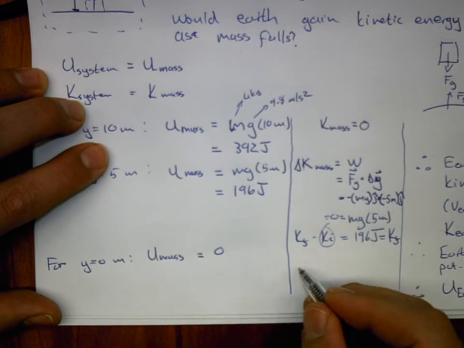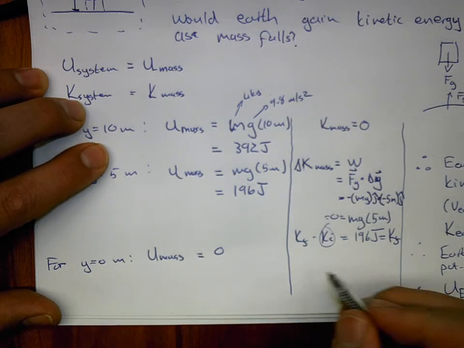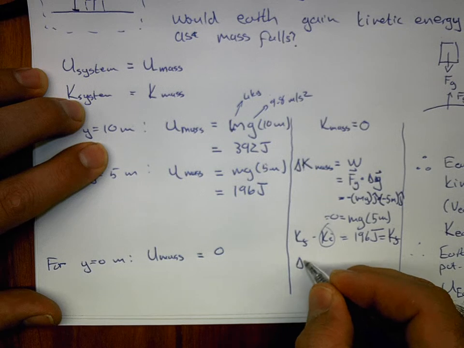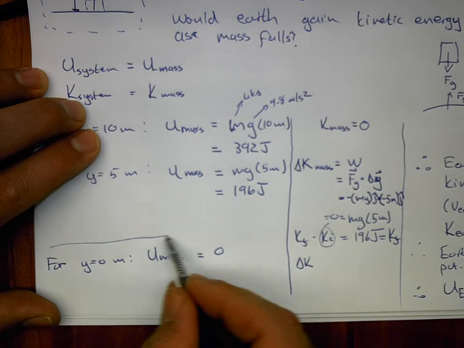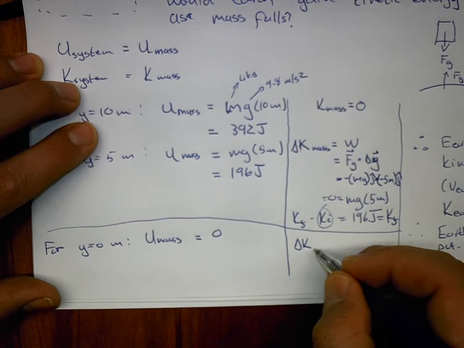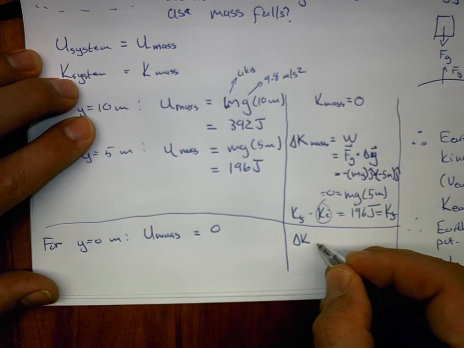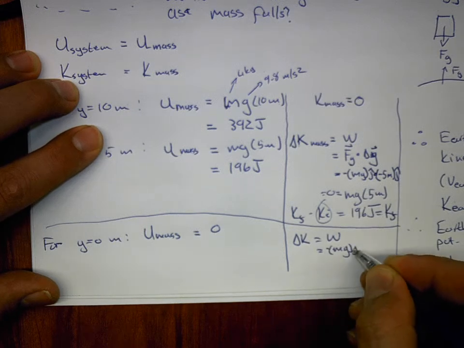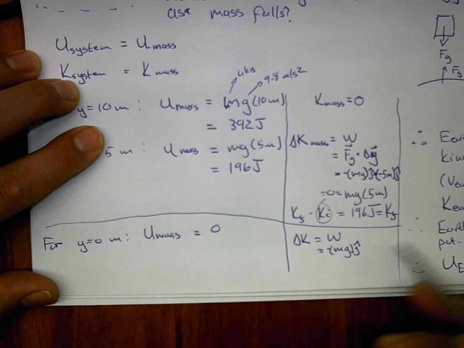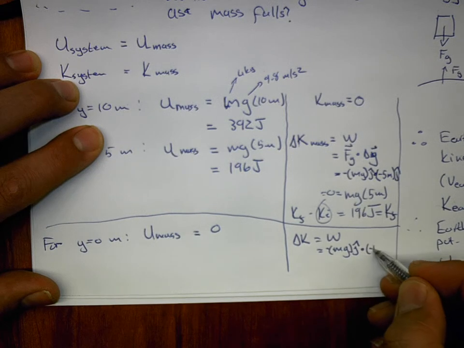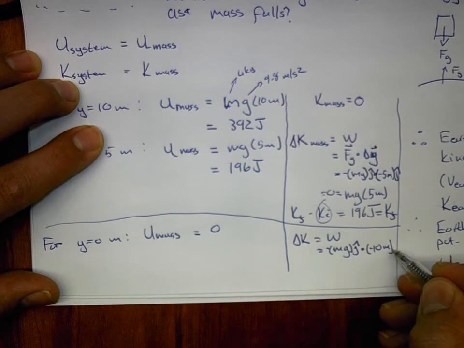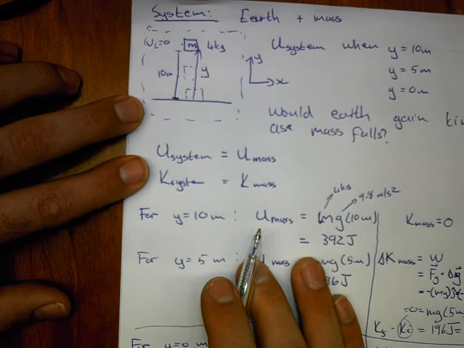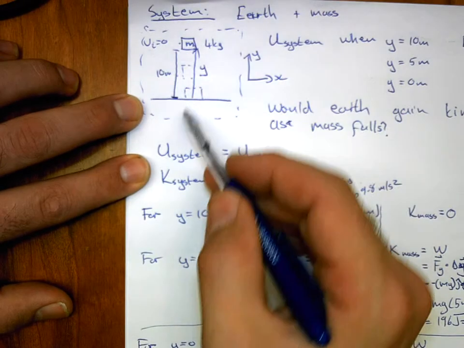We do now the same for y equals 0. Again, we know the change in kinetic energy is equal to the total work done. This is again equal to negative mg along the j direction dot with negative 10 meters along the j direction, because this mass has now fallen all of 10 meters downwards.